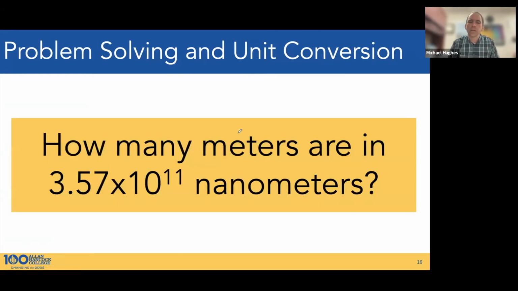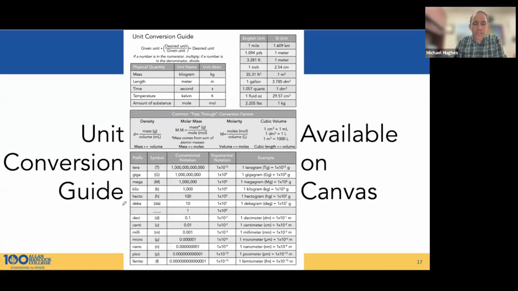How many meters are in 3.57 times 10 to the 11th nanometers? So we want to go from nanometers to meters. So again, let's take a look at our conversion guide. We have nanometers all the way down here, and it's 1 billionth of a meter.